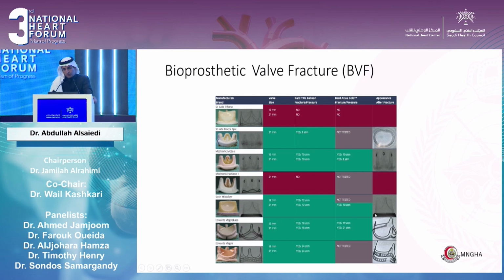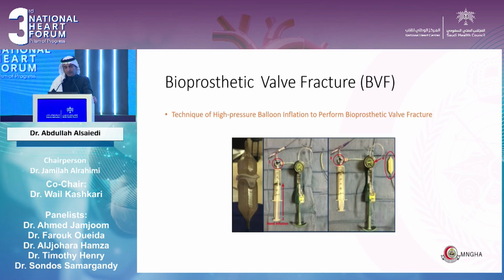Currently, we have two brand balloons used for this, which are non-compliant balloons: the True balloon and the Atlas Gold balloon. And each balloon can go to different nominal or extra-nominal pressures.